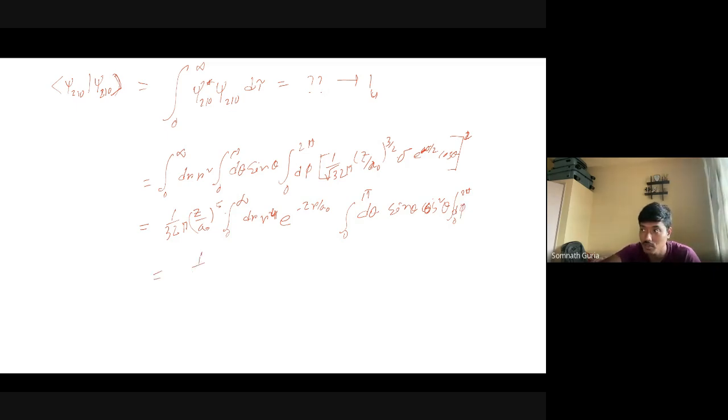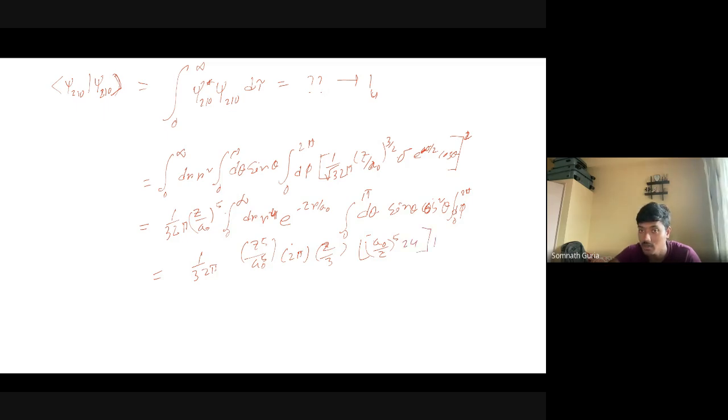It will give you 1 by 32 pi, z by a0 to the power 5, times 2 pi, times 2 by 3, followed by a0 by z whole to the power 5 and 24.